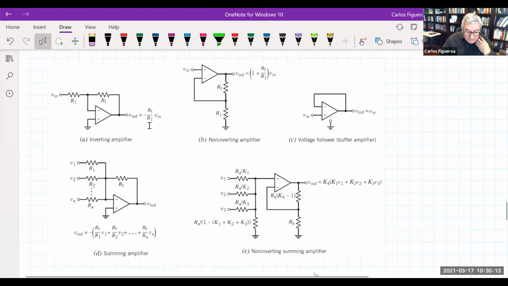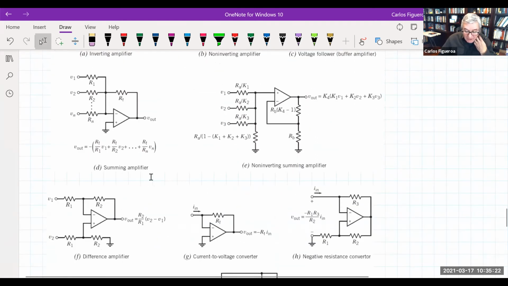Well, I have an inverting amplifier, non-inverting, obviously the voltage follower, but here are the summing ones. When you look at the sums of these, note that this one does not subtract, it adds them in the negative direction, whereas this one over here only adds them. So I can't really do that. Okay, that one won't work.